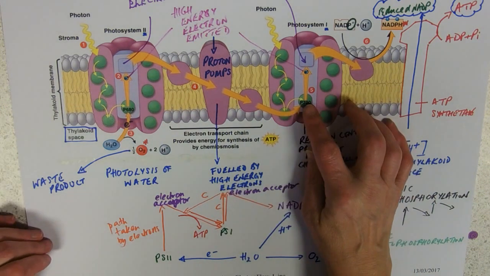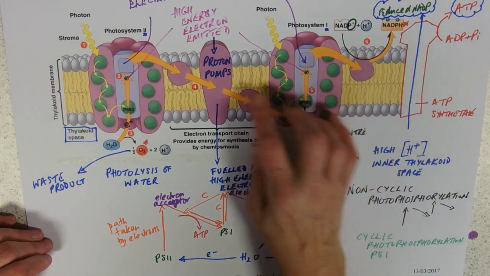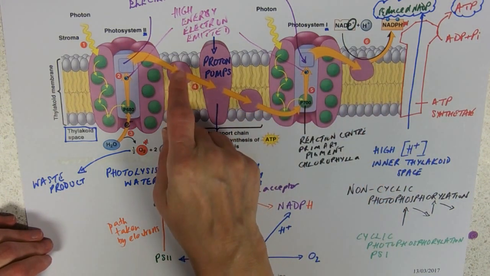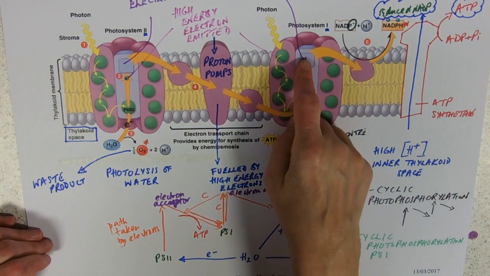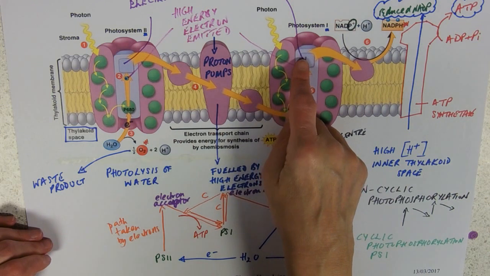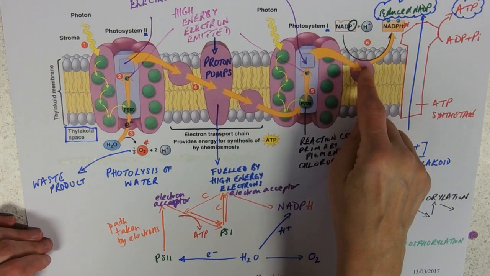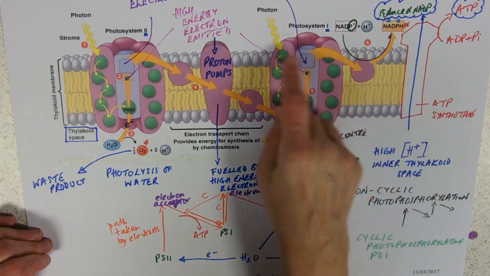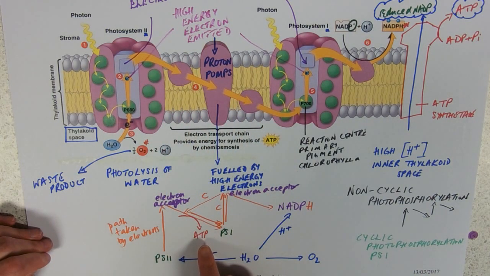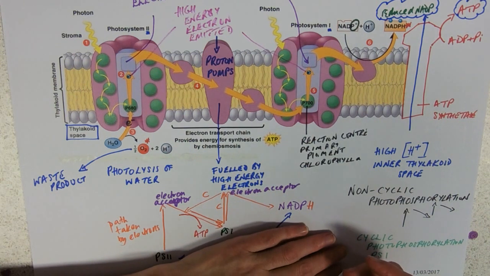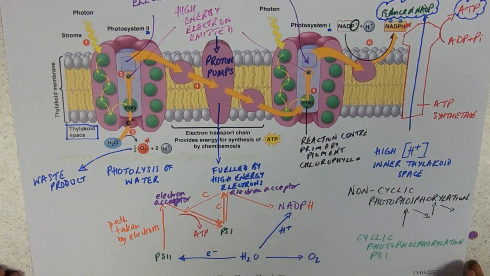So if this is giving off electrons, some of them will go this way, but some of them will go to some of these small mobile carriers over here and then go back down. So this electron acceptor can pass either to this, non-cyclic, or to this one, cyclic, and just make ATP and no need to do any of this photolysis, and you should definitely be able to compare those two systems, cyclic and non-cyclic.